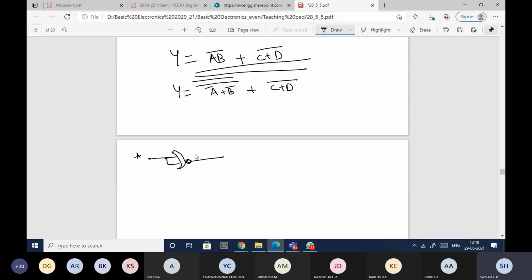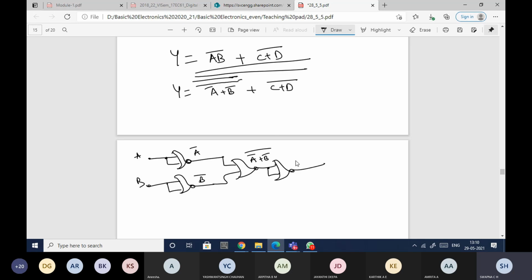A, I'll get A bar. Next, in the same way, B, I'll give it to the NOR gate so that I'll get B bar. Now I need A bar plus B bar whole bar. Okay, so this is done. Now I need to get one more bar, so I'll give it to a NOR gate.